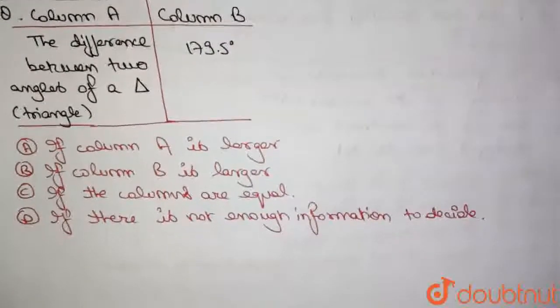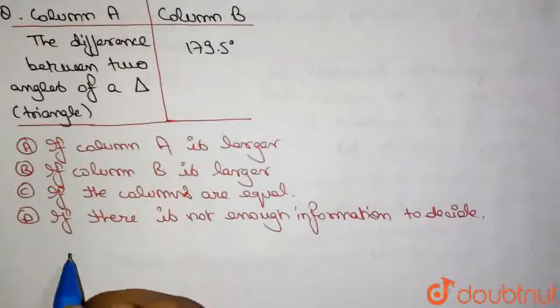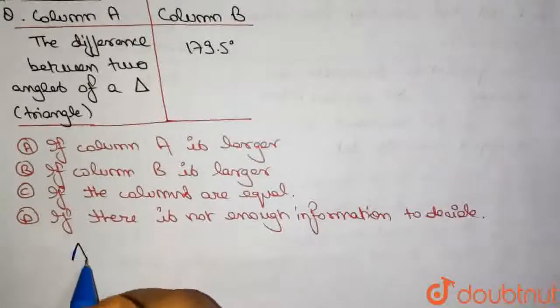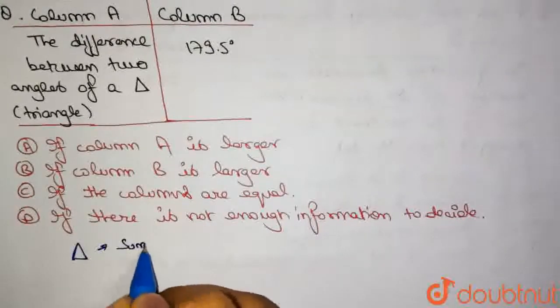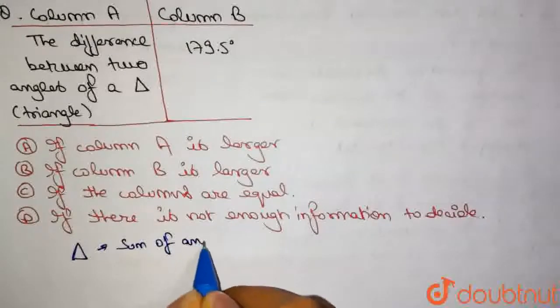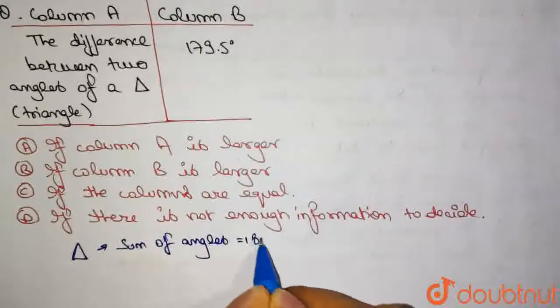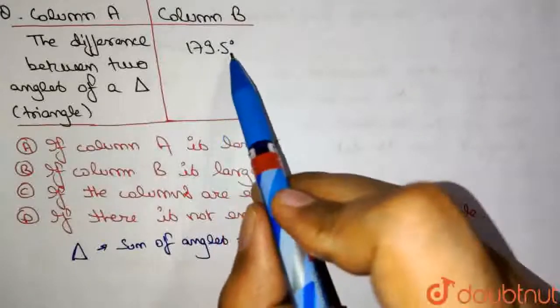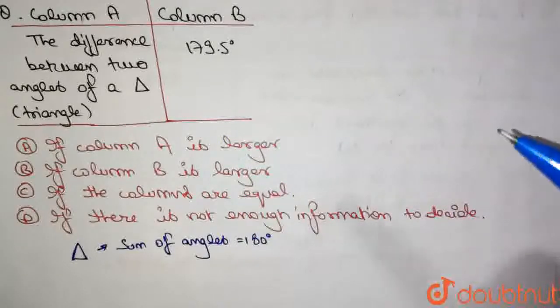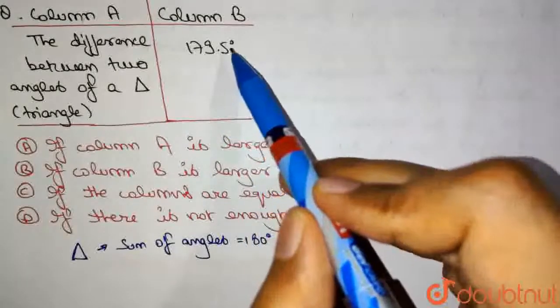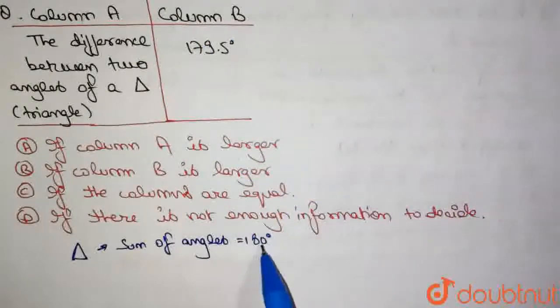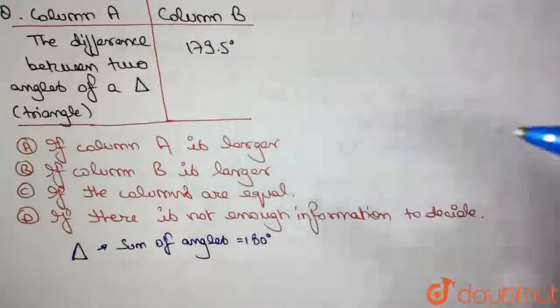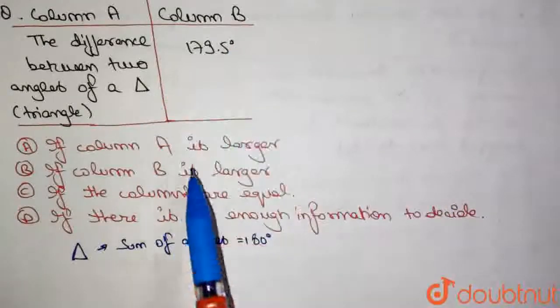Before looking into this question, we just know one thing, that the sum of angles of a triangle is equal to 180 degrees, and that is all the information that we need to solve this particular question. Now here it has been given 179.5 degrees, so we can be thinking that 179.5 degrees is a very large value, almost equal to 180 degrees, so it is definitely going to be our answer, because which of them is larger?